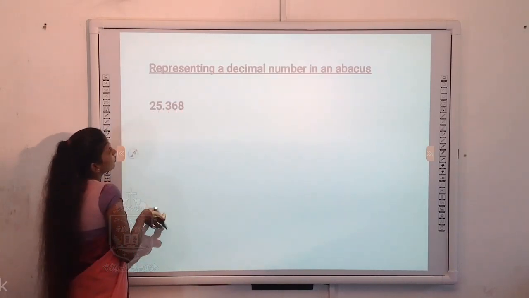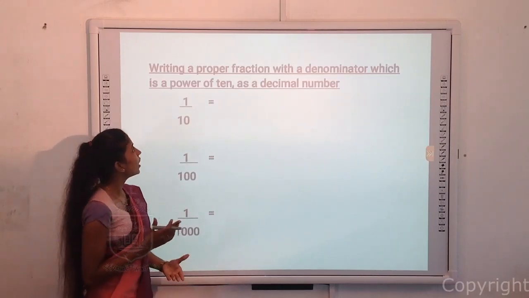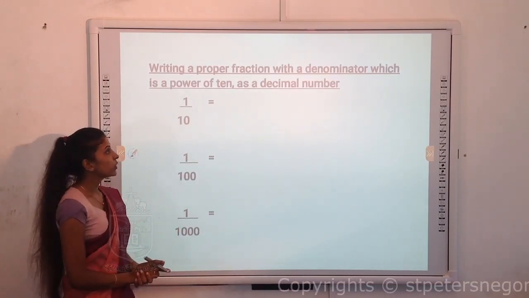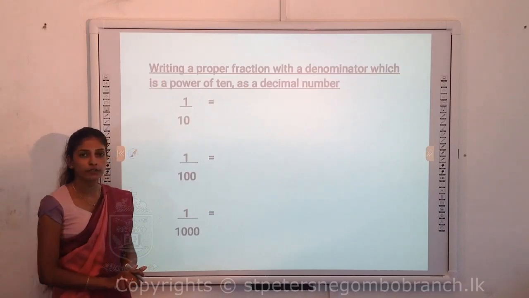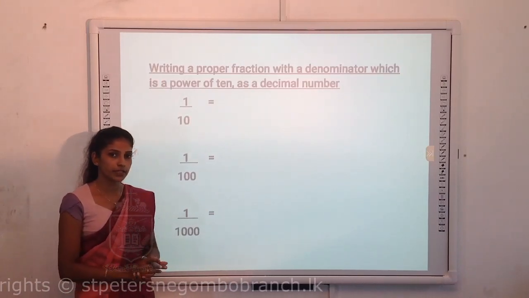So let's move to the next part, that is how to write a proper fraction with a denominator which is a power of 10. What do you mean by powers of 10?